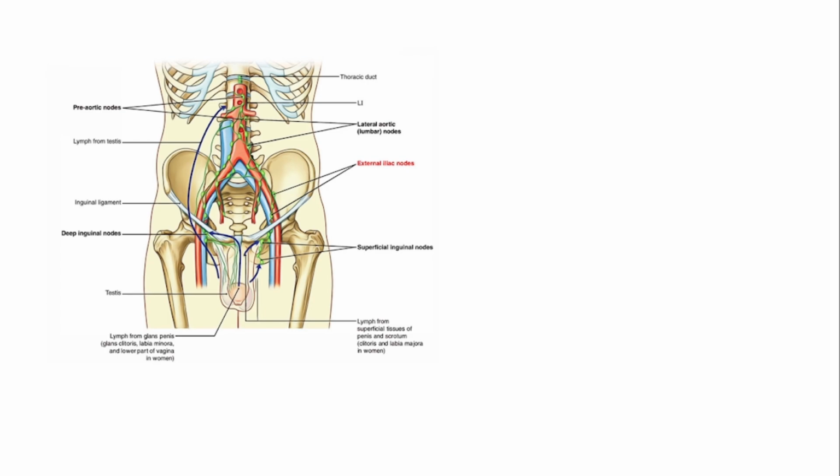Also, the pre-aortic nodes supply the testes or ovary according to the gender. After that, we will see the common iliac lymph node, the external iliac lymph node, and the internal iliac lymph node. Then the deep inguinal lymph node and superficial inguinal lymph node.